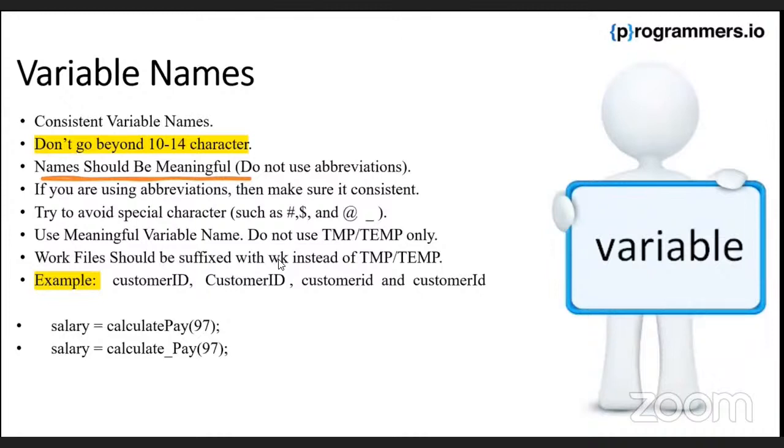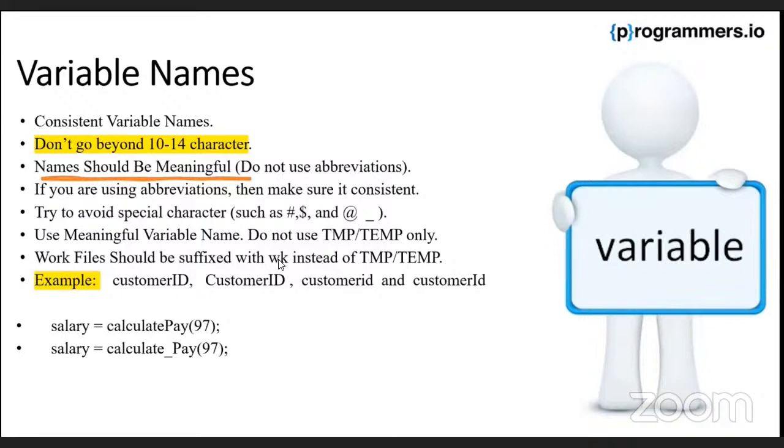We have to give a proper, consistent name that defines that particular part. And don't go beyond 10 to 14 characters. Make sure our naming convention is not more than 10 to 14 characters, so it looks good and is easy to understand.